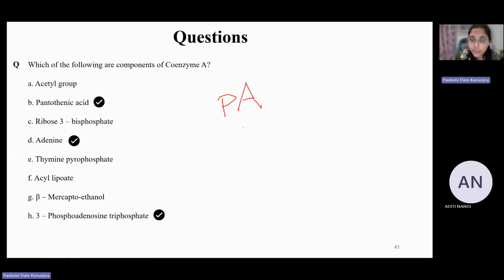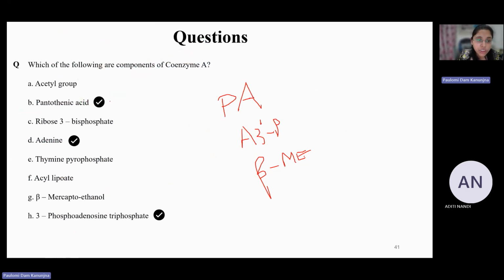Then you have adenosine 3-phosphate. And the third component is beta-mercaptoethylamine. Those are the three major structural components of coenzyme A.